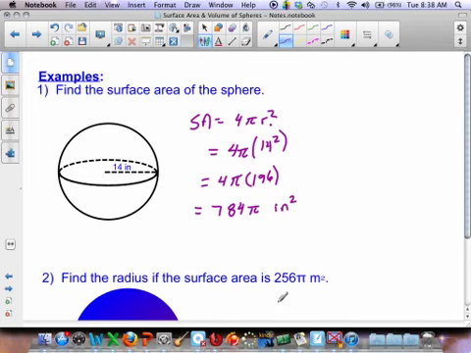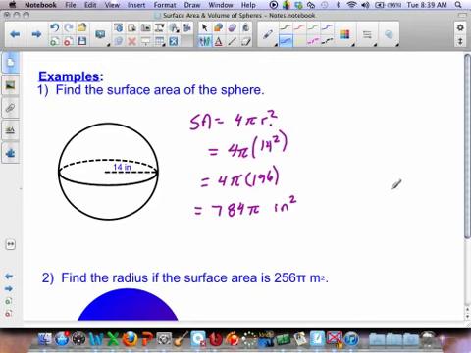Which is squared. Now again, guys, leave your answer in terms of pi unless otherwise instructed. Alright, so Amber, that's one of the beautiful things when you're in a math classroom. We don't have to beat our head against the wall, leave it in terms of pi.